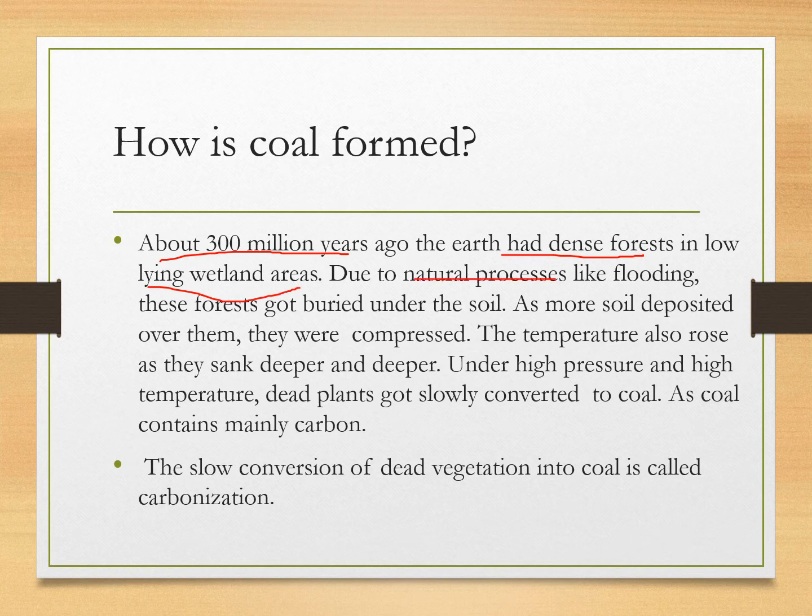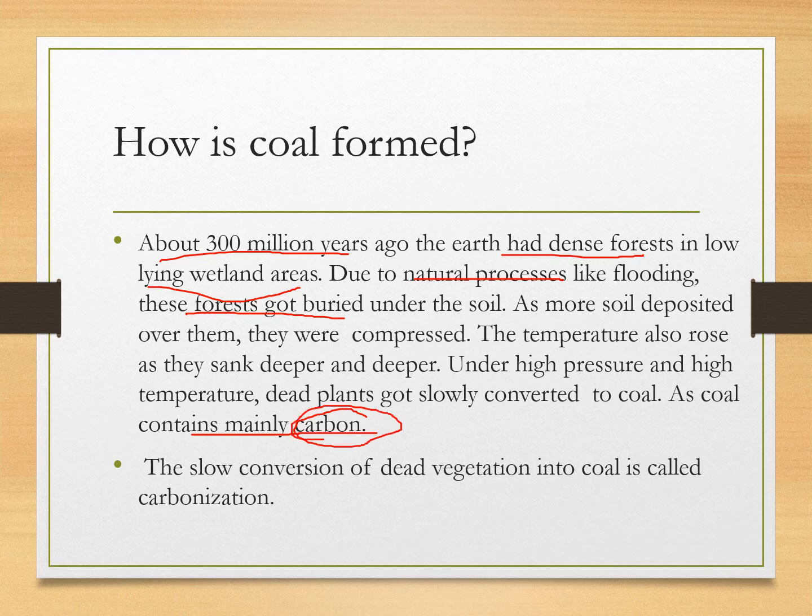Due to natural processes like flooding, the forest got buried under the soil, and as more soil was deposited over them, they were compressed, and the temperature also rose as they sank deeper and deeper. Under high pressure and high temperature, the dead plants slowly converted into coal, and coal contains mainly what? Carbon. Remember this: coal contains mainly carbon.